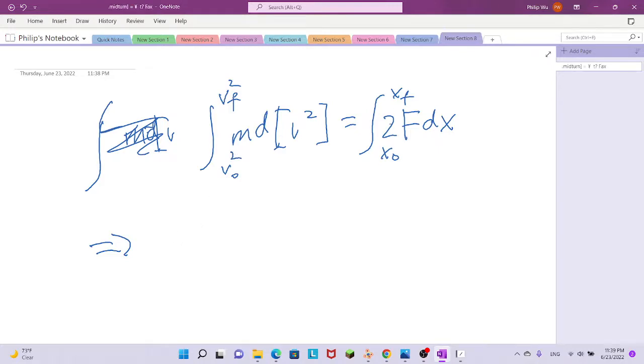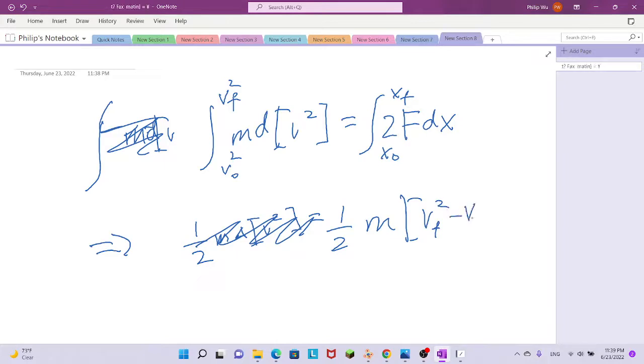Dividing both sides of the equation by 2, we get 1/2 m times the change in velocity squared is equal to, sorry, I should rewrite this, 1/2 times m times the final velocity squared minus the initial velocity squared equals this integral of force over distance.